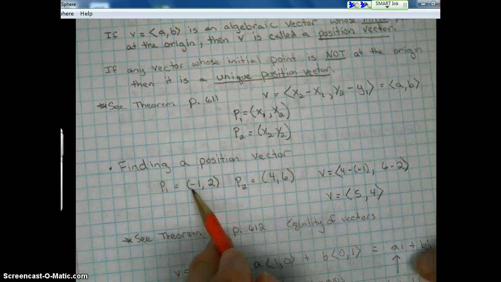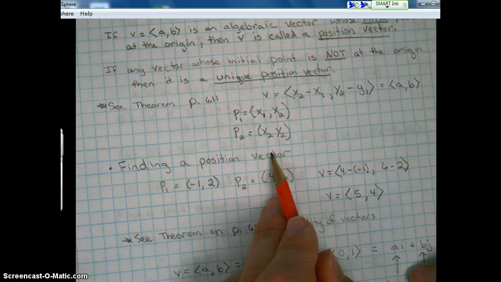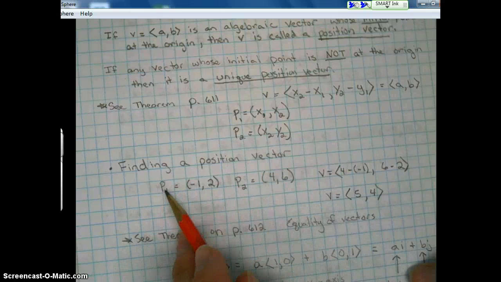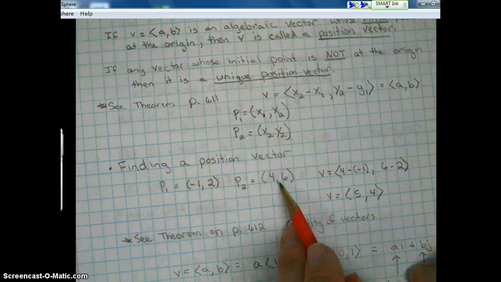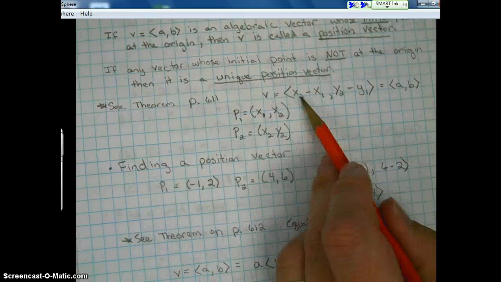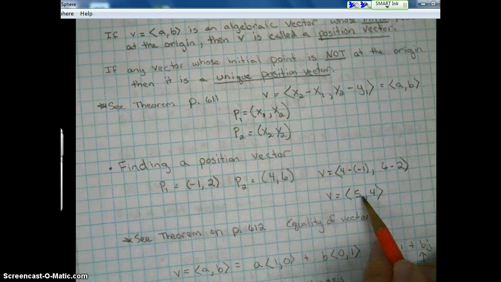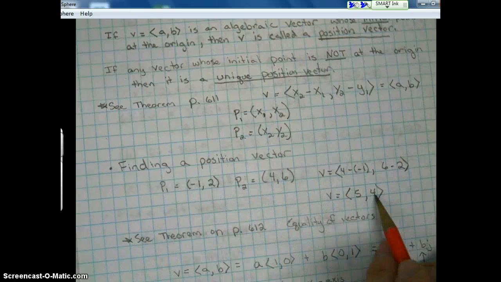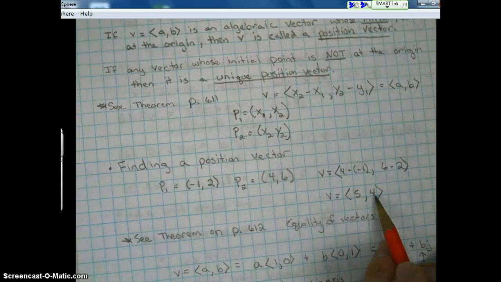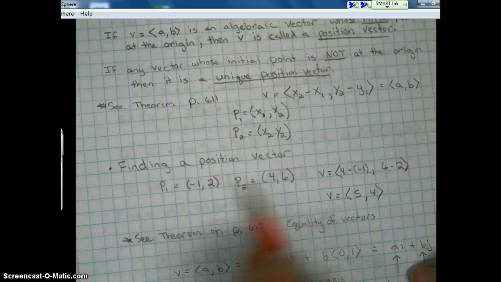We want to find a position vector. We know the initial point is here, the terminal point is here. So we do the little formula, x2 minus x1, we get 5. y2 minus y1, and we get 4. And there's your algebraic components. That's your position vector for this vector.